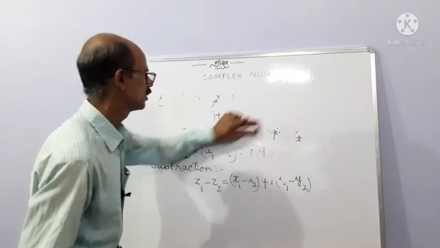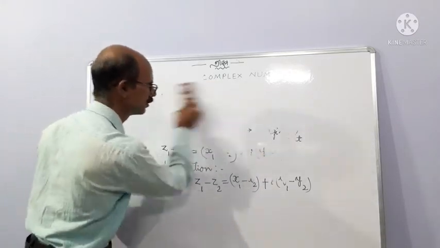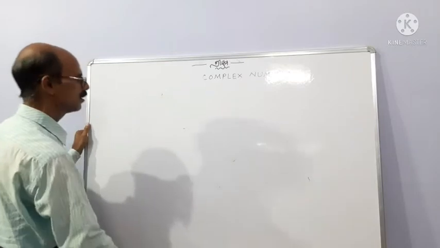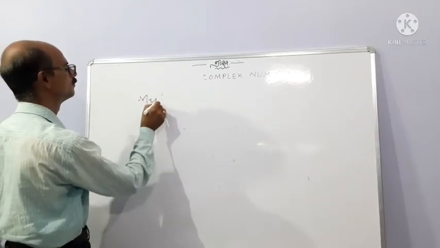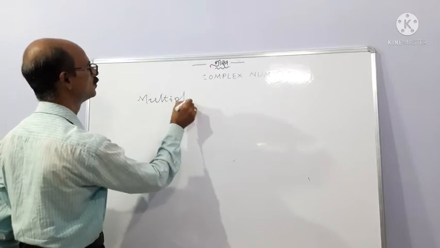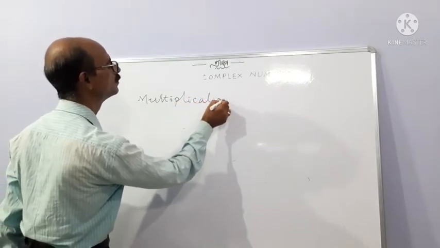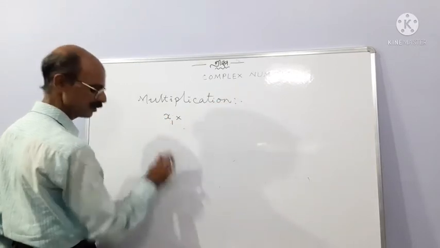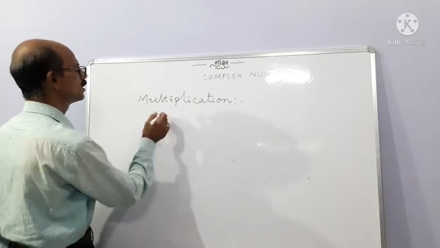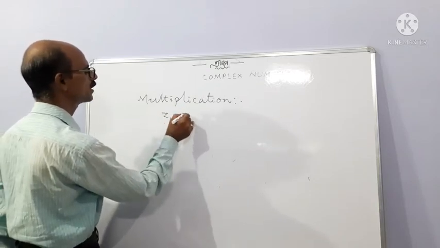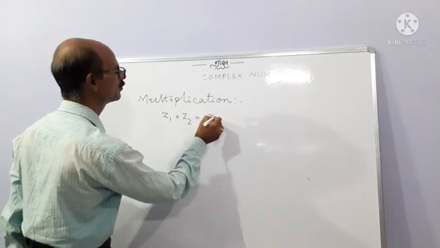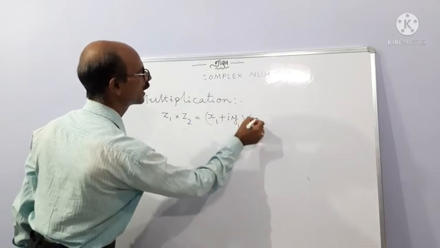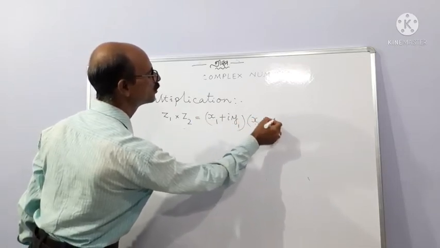Then let us switch over to multiplication. z1 into z2, then we will have x1 plus i y1 into x2 plus i y2.